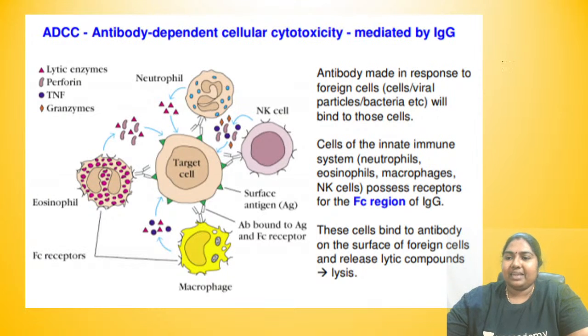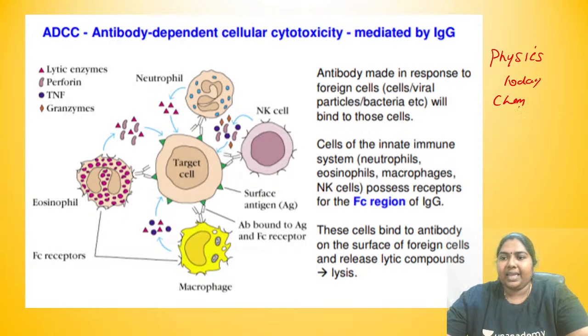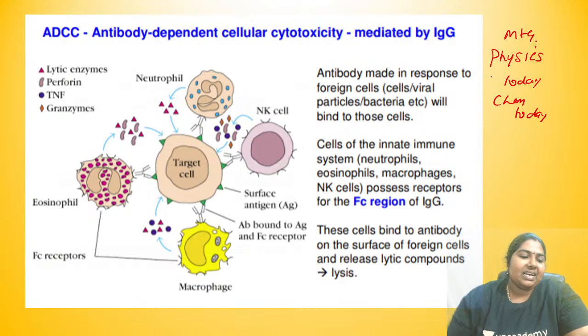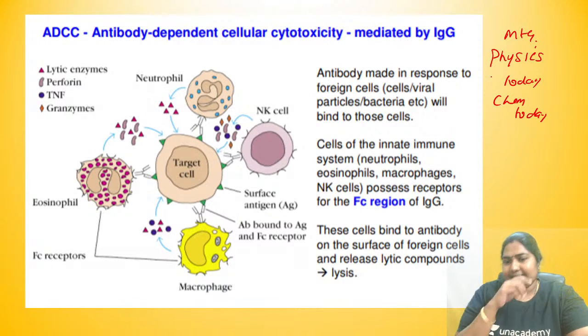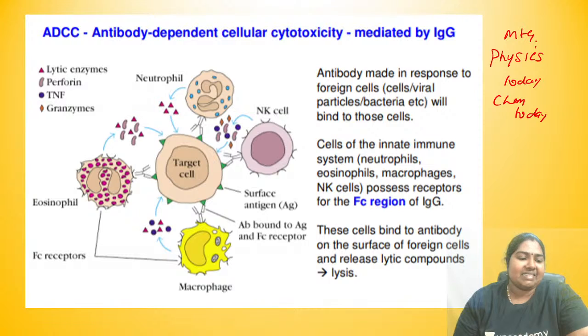Okay, so here, I read when I was giving the exams, I read Physics Today and Chemistry Today. Okay, so this is from MTG publication. This is your basic standard NCERT pattern things they will give. They will give small tables and things, especially in chemistry and physics, since you just want to revise that once.